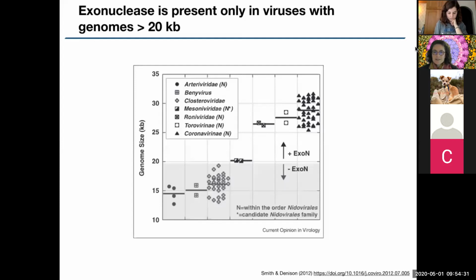What I suspect is that there has been selection against having an exonuclease in the smaller viruses because they do okay without it. It's one less protein to make, and they can replicate more quickly without making a protein that is not strictly essential for maintaining fidelity. Whereas for the larger ones, it is necessary, or at least provides some fitness advantage.